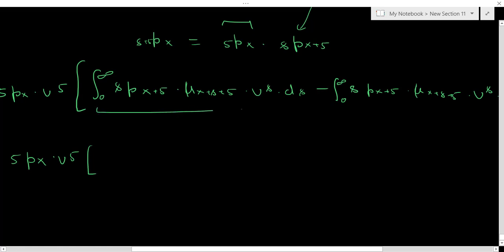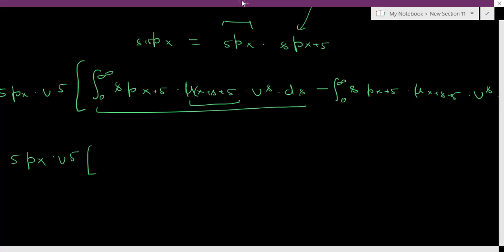So this expression is just the probability that a life aged x plus 5 lives for s years, right? And then he dies immediately. Mu x plus s is separate. Sorry, x plus 5 is separate and s is separate.